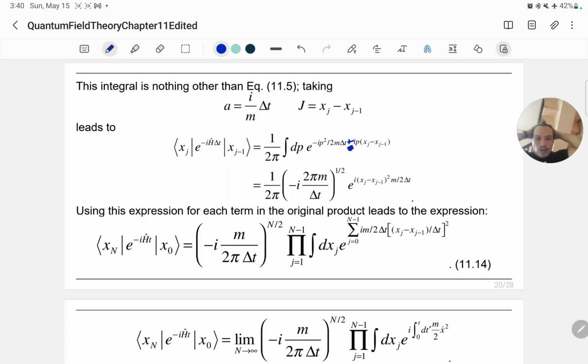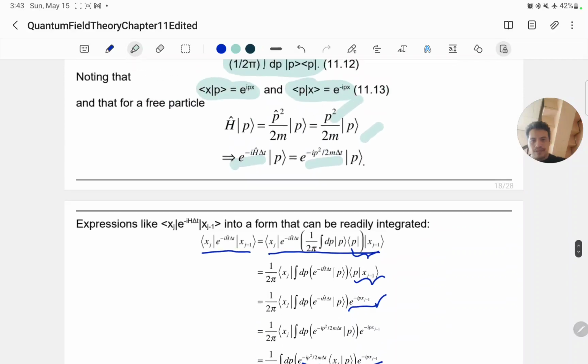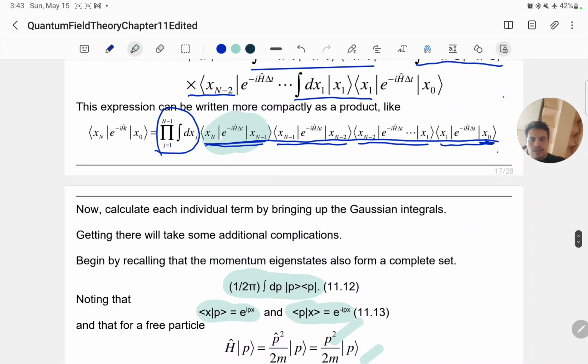And so that is just the Gaussian integral that we discussed earlier, and we'll have the form of this one. So using this expression, we apply it to each term of the product here.